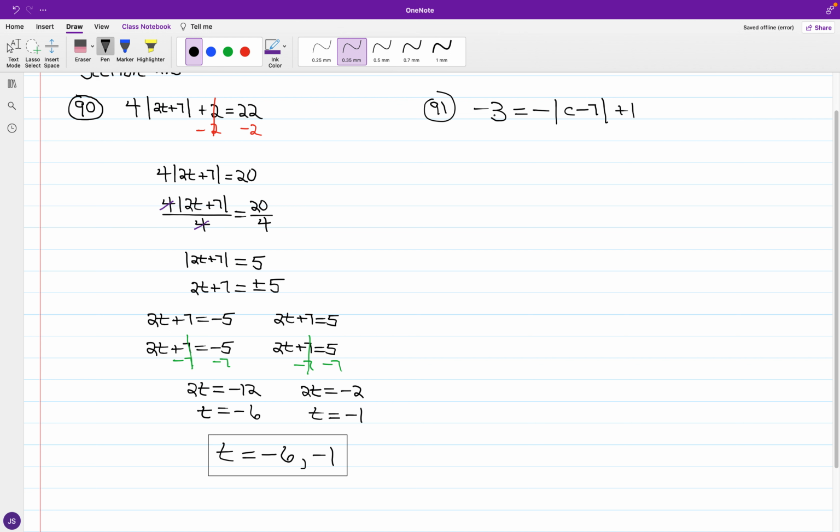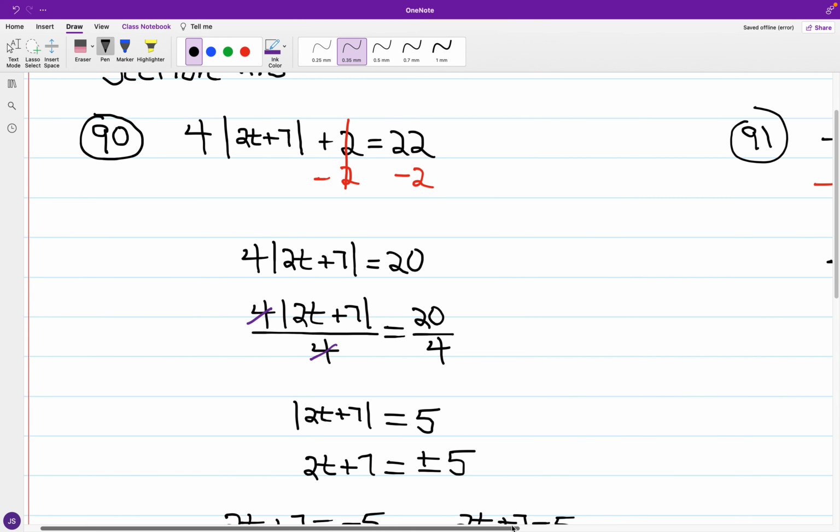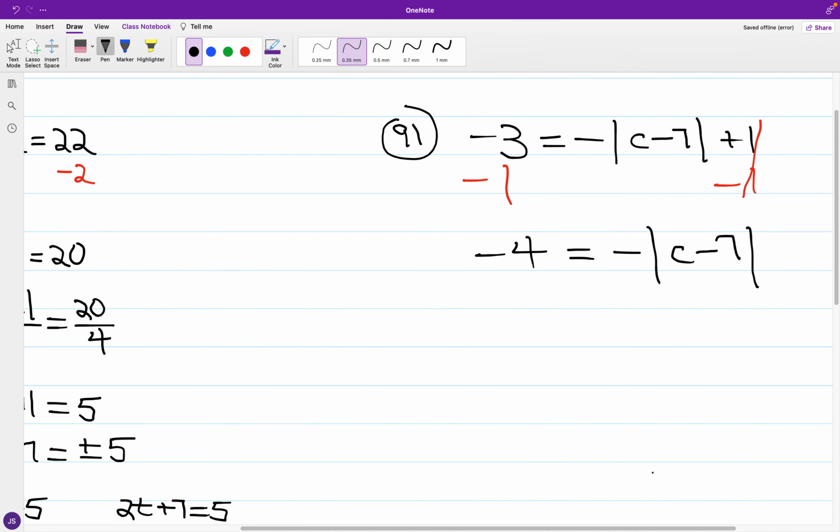We have an absolute value expression on the right hand side of the equation, and to get the negative of the absolute value of c minus 7 by itself, I can subtract 1 from both sides. So negative 3 minus 1 is negative 4, and we have that negative 4 is equal to the negative of the absolute value of c minus 7.